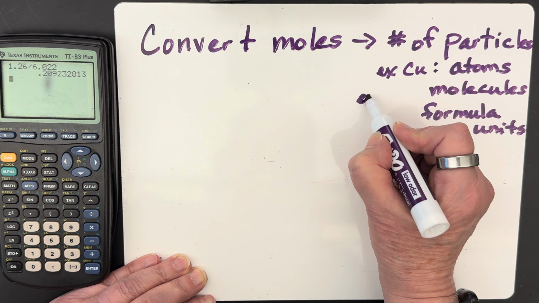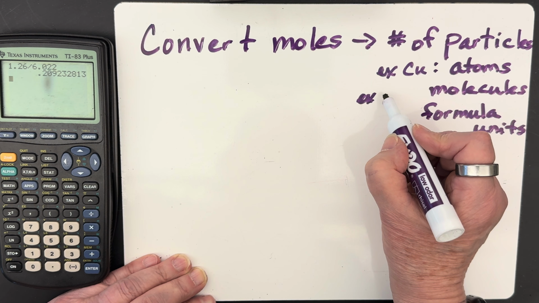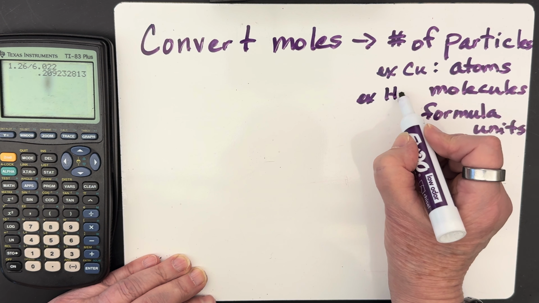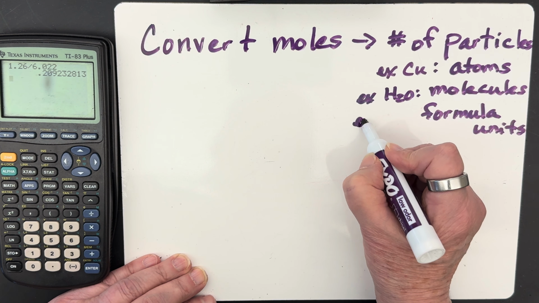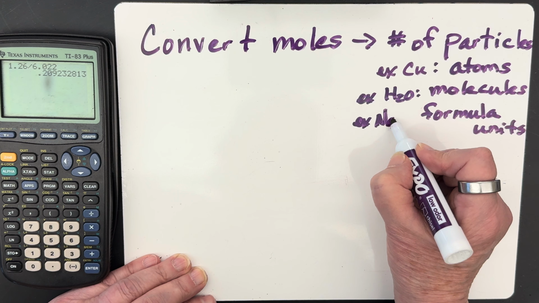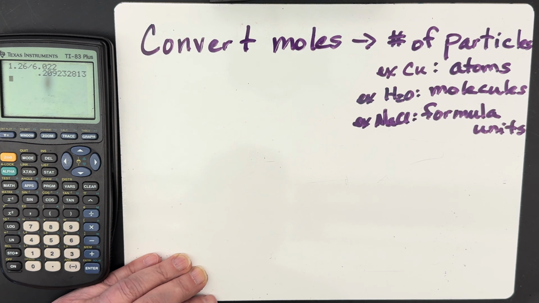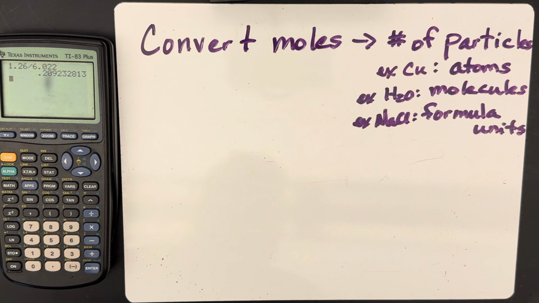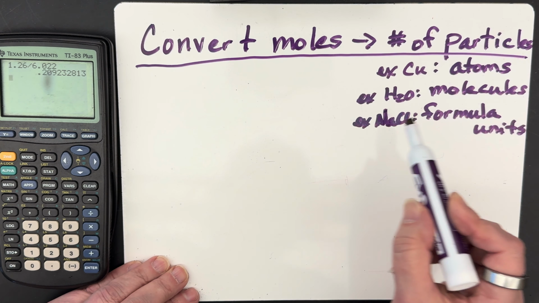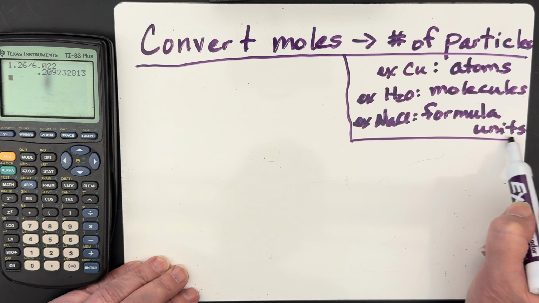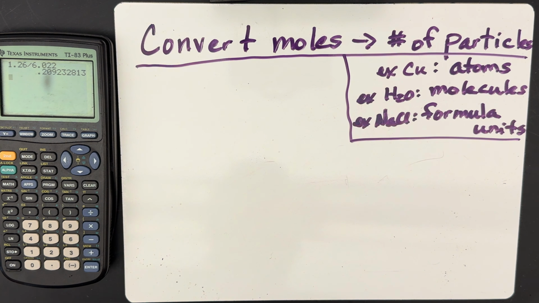Molecules are held together with covalent bonds, for example, water. And formula units are held together with ionic bonds, for example, table salt, NaCl. But it doesn't matter. We do the problem the same way, regardless of what type of thing it is.